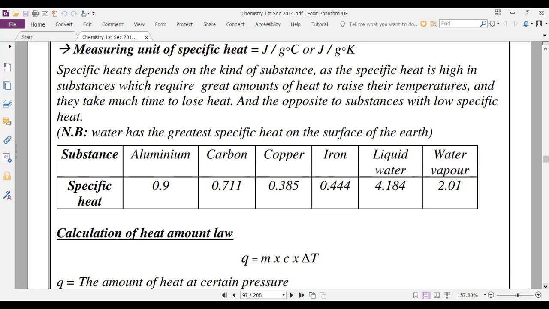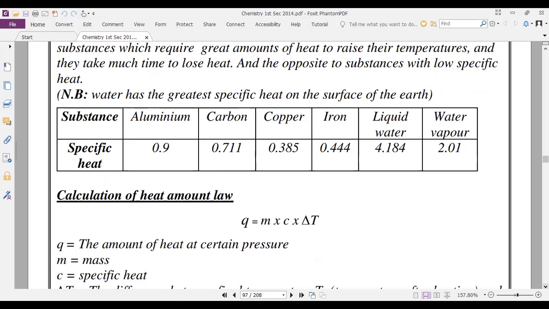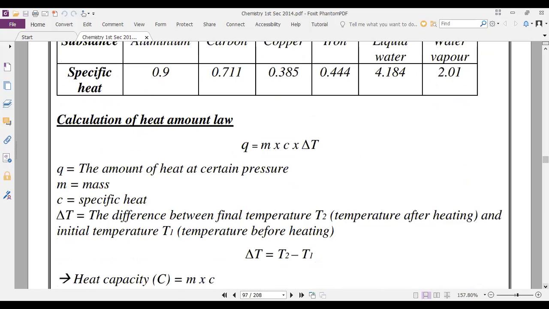Okay. How can we calculate the heat amount law? Q equals M times C times delta T. This law is very important to calculate specific heat. Q is the amount of heat at certain pressure. M means mass of substance.